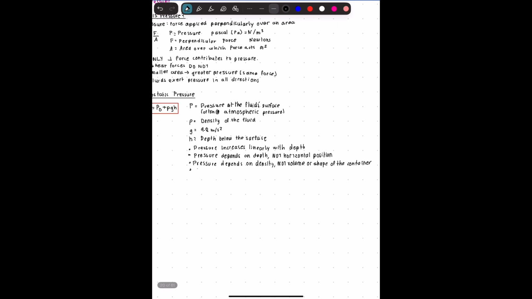And finally, a weird shaped container gives the same pressure at equal depths.